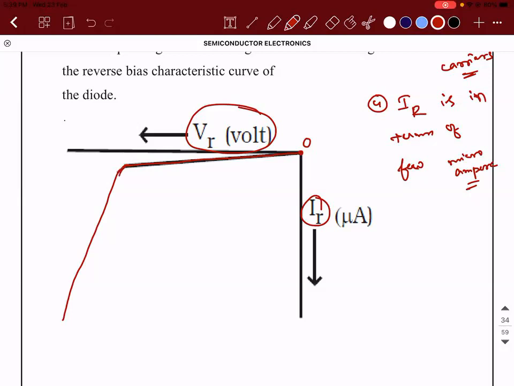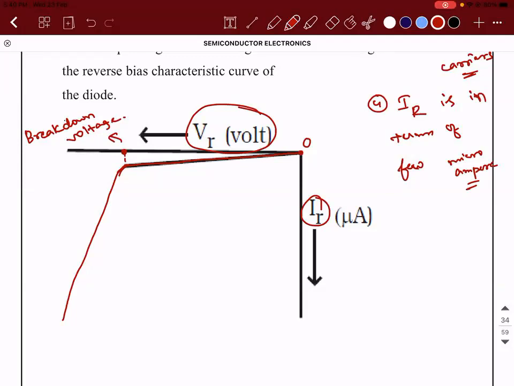The value of voltage at which this phenomenon occurs is what is called the breakdown voltage. Now, are you clear with both the parameters?